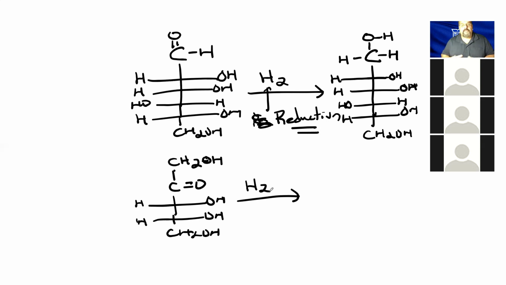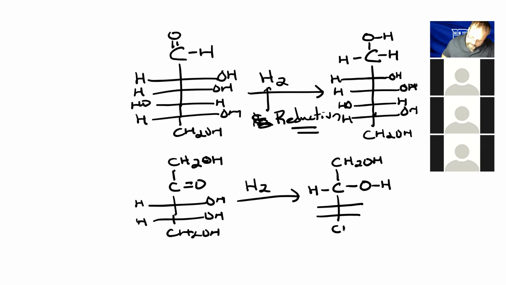Absolutely, ketones can undergo reduction. To draw the product, the double bond between the carbon and the oxygen would become a single bond, and then you would add two hydrogens, one to the oxygen, the other to the oxygen-bearing carbon. For the rest of the monosaccharide, everything else would stay exactly the same. So that absolutely can happen.